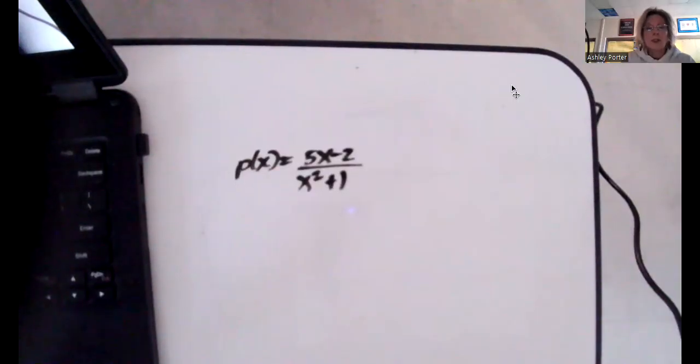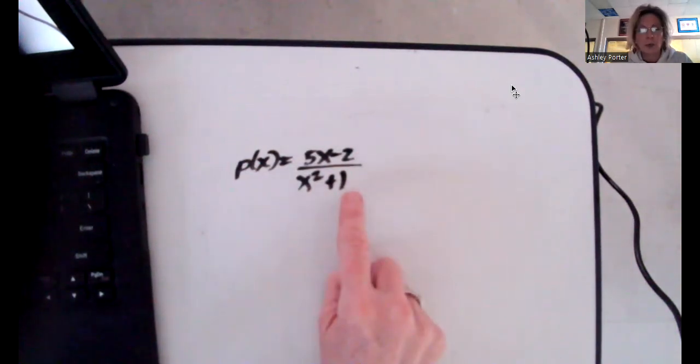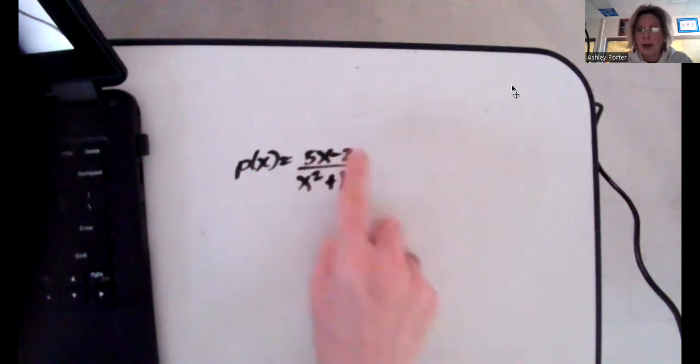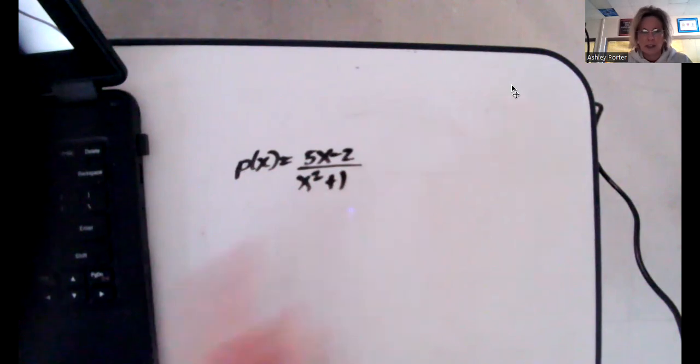All right. So P of x has an upper function, y equals 5x minus 2, and a lower function, x squared plus 1. I cannot factor and reduce this function to do anything simpler with it. So I need the quotient rule.